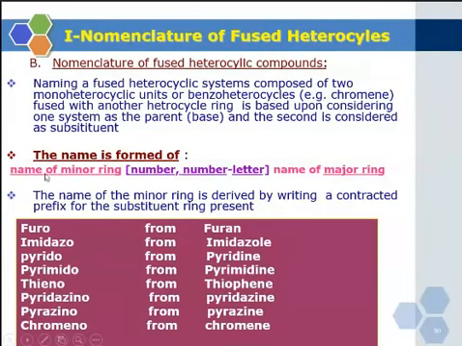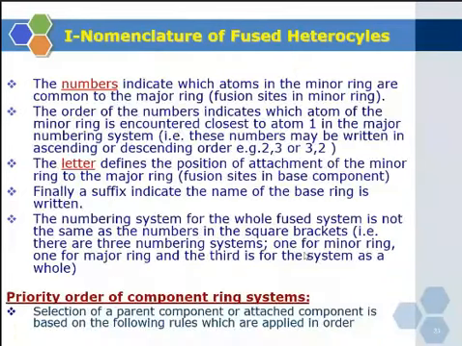The minor ring is taken first, then the site of fusion, then the numbers at which they are fused or attached, then the site of fusion, that is face A, B, C, D, E, F, etc., followed by the name of the major ring. Here we can see the various prefixes which are given to the substituent rings.